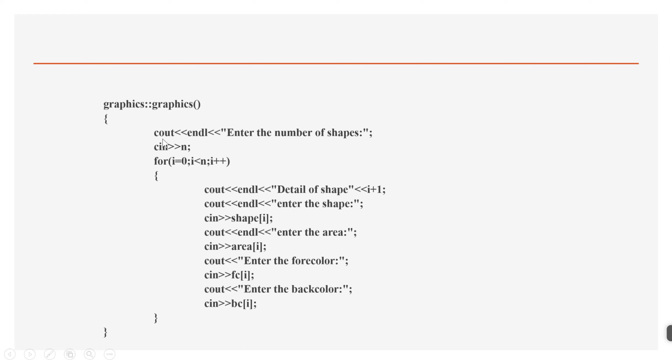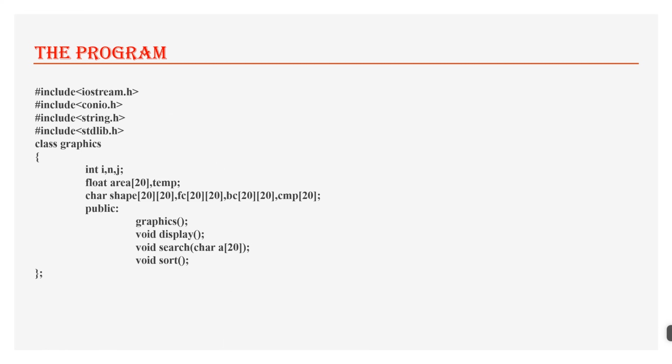So in the graphics constructor, I'm using the number of shapes. What are the shapes? As I already told, I'm using shapes. This is an array of shapes. Please remember, shape[20][20] means there are 20 shapes, each of 20 characters.